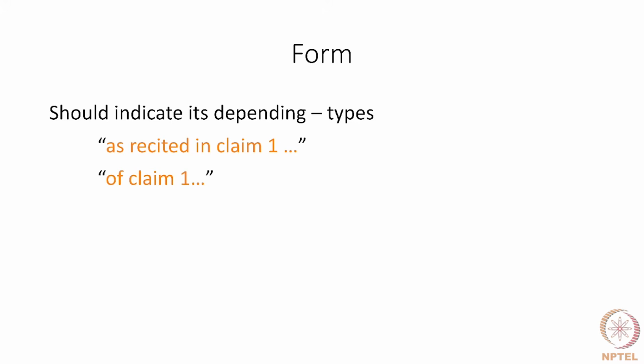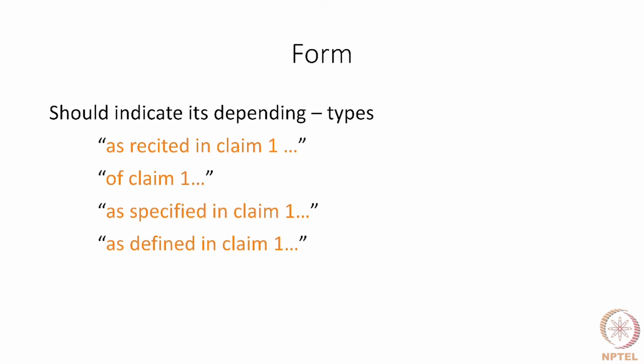Again, these words indicate dependency. Or you can say a brush as defined or as specified in claim 1. Now, these are the kind of language that we will use to indicate that the dependent claim is dependent on another claim. The idea of a dependent claim is to limit the scope of the parent claim.